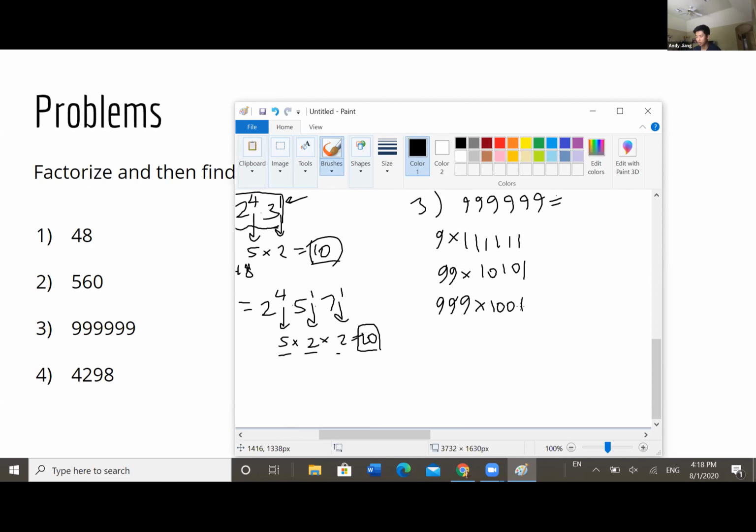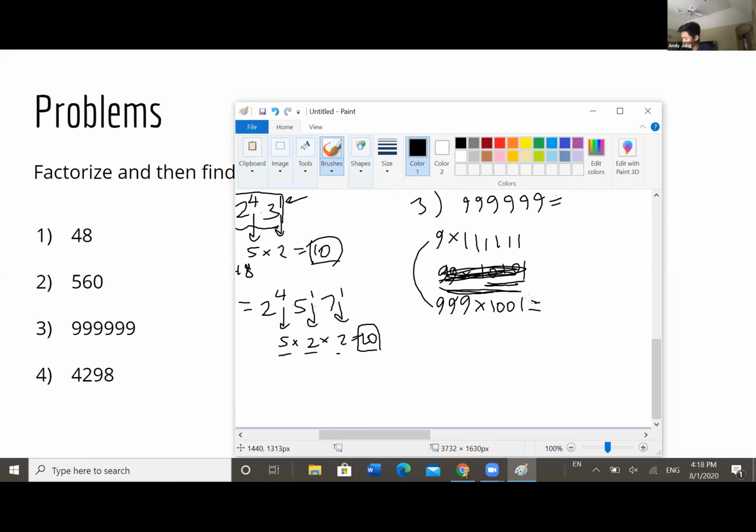All right, so there's 3 different ways. These 2 are kind of similar. I think this one would be pretty hard because 10101 is kind of hard to factorize, so I'm just going to delete that. I'll just go with the bottom one because we end up doing kind of the same thing.